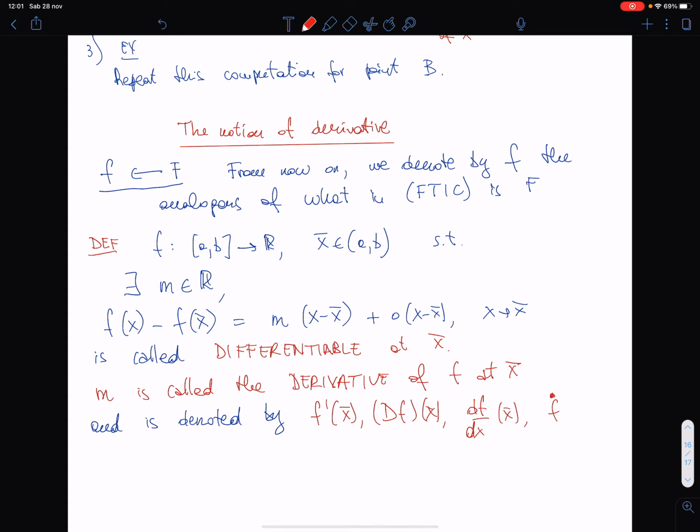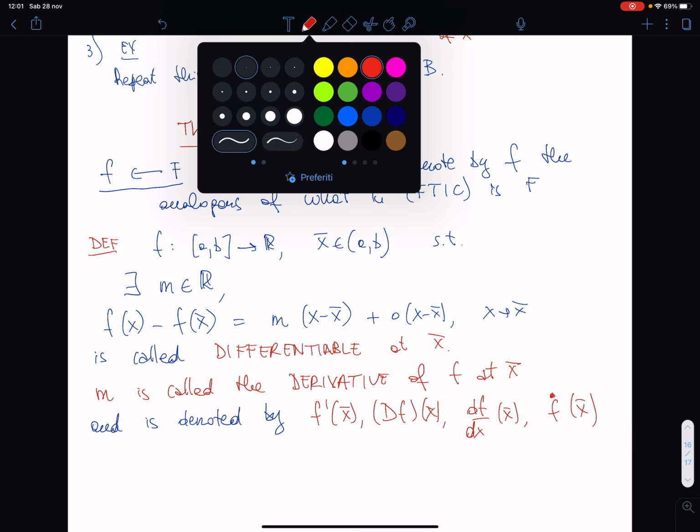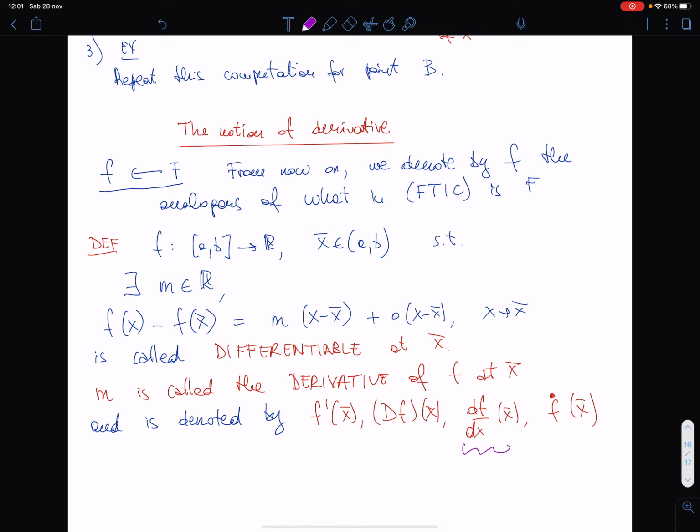f dot of x bar is the notation due to Newton, but in general this is used in physics when the derivative is to be made with respect to the variable time. Okay. However, this is the notation due to Leibniz, and this is the notation due to Newton.